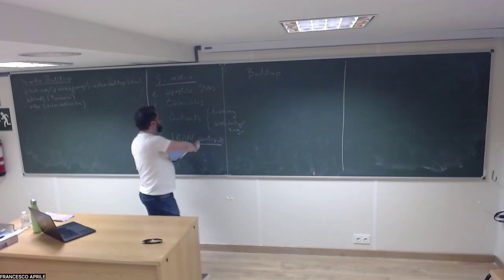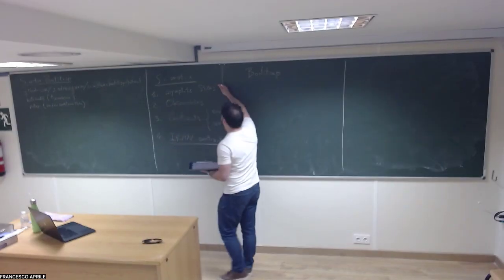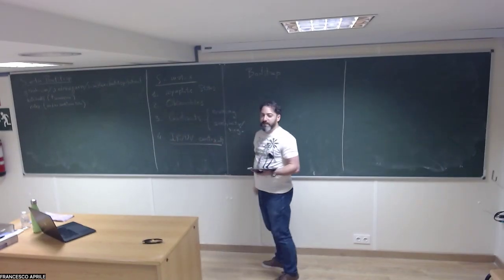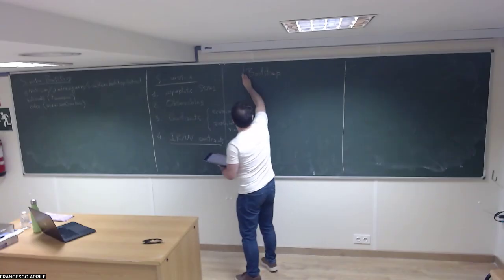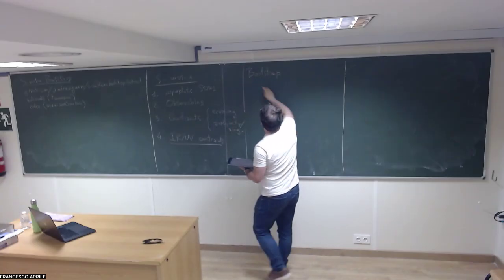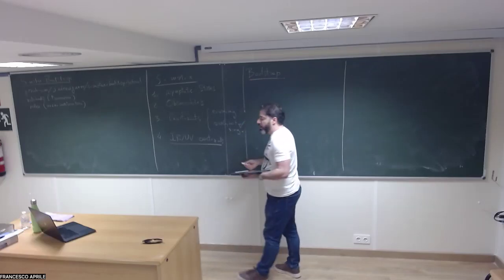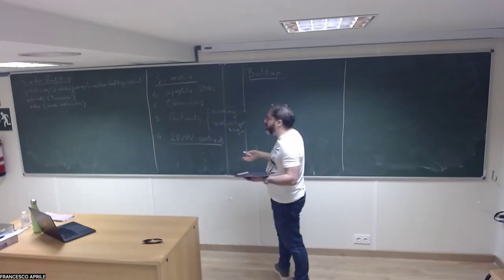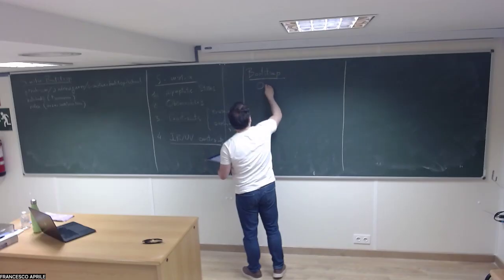Okay, so this is the S-matrix side. Once you decide this list of things, you have to set up the bootstrap problem. Bootstrap is just a jargon to mean optimization problems.